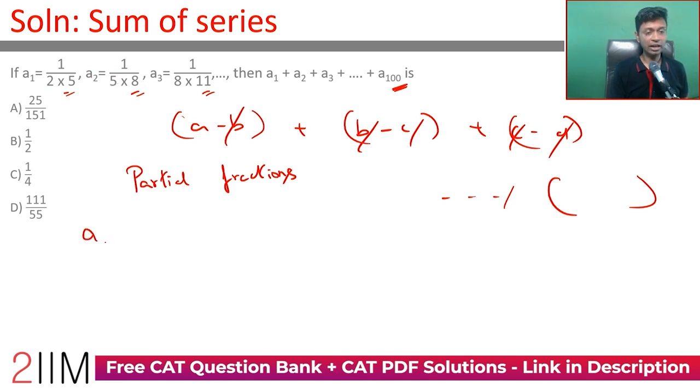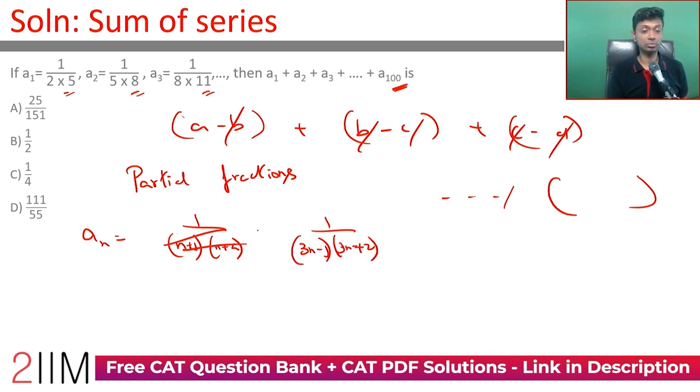So I'm going to define AN as 1 by 3n minus 1 into 3n plus 2. First term is 1 by 2 into 5. Why 3n? Because this goes up in steps of 3. So these are anchoring around multiples of 3.